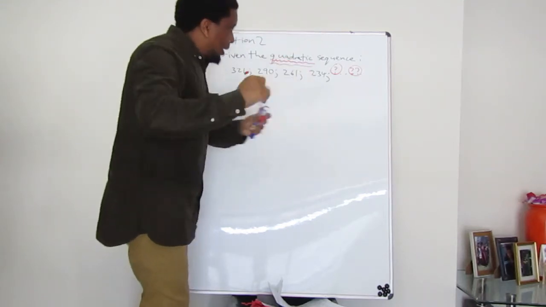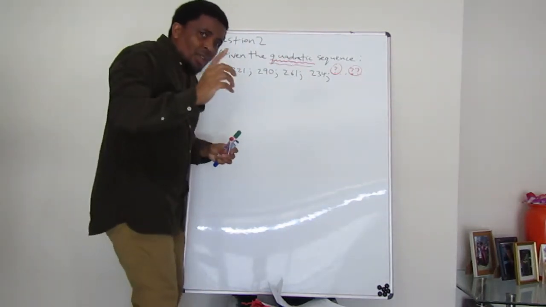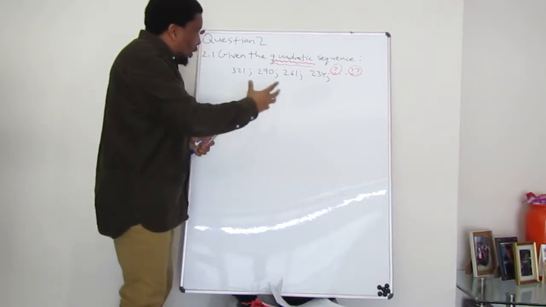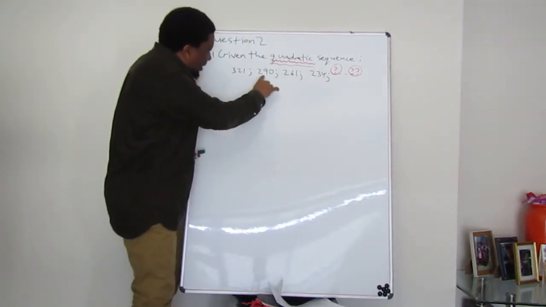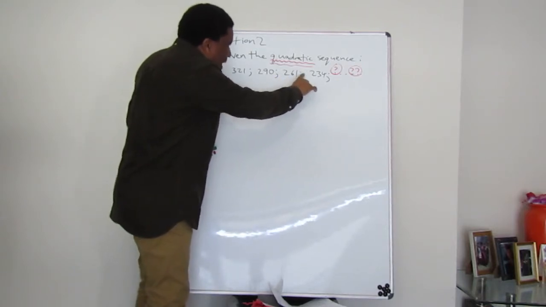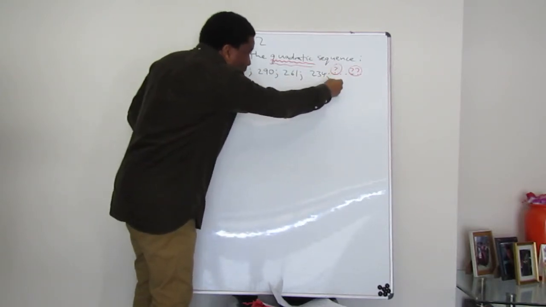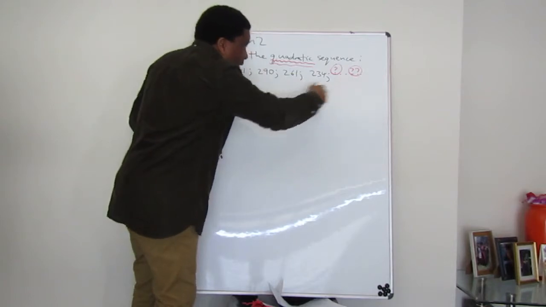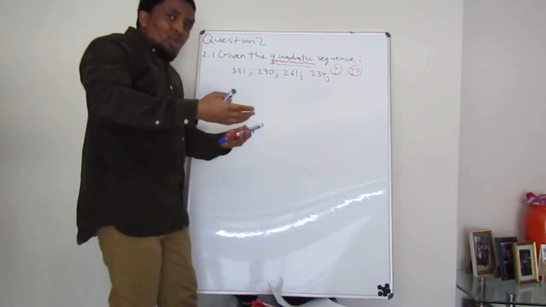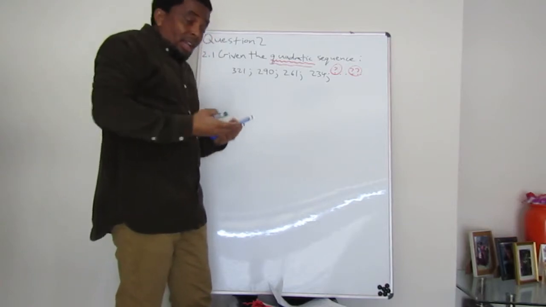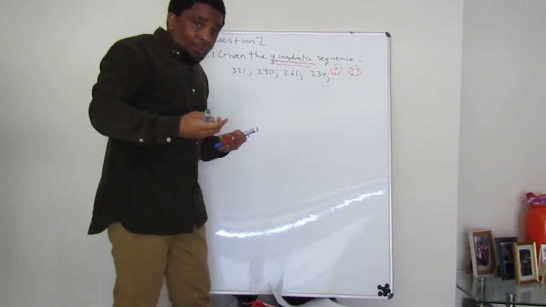The first thing that you do in a case like this, you come to the sequence that you are given: 321, 290, 261, 234. How am I going to know the next term? In a case like this, you must first determine the type of sequence that you're given.